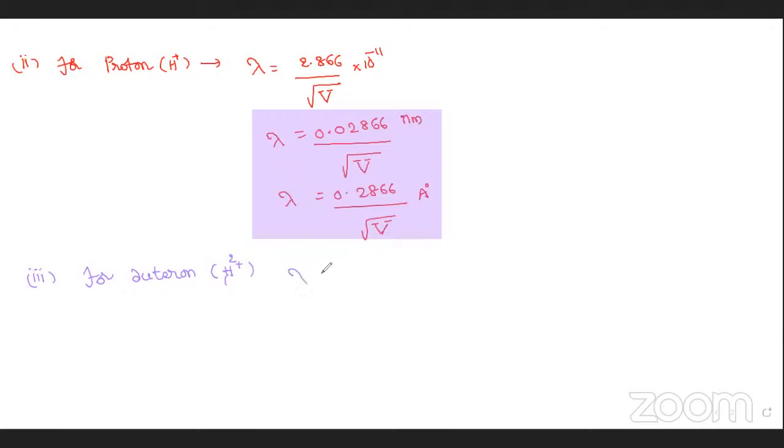Deuteron lambda is equal to how much? Just the difference is 2e. 2.026, sir. Just into 2? No, sir, in mass, the denominator. Correct. Mass, how much did you take?